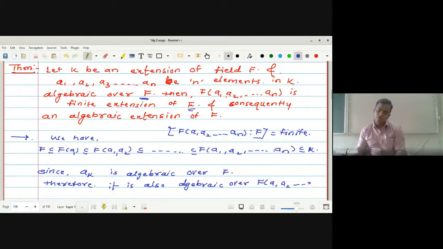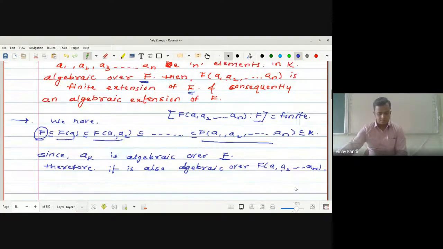Because F is contained in F of A1, and F of A1 is contained in F of A1, A2. If it is algebraic over this, then it is automatically algebraic over that. Why? Because F is a subfield of F of A1, A2 up to so on An. So since AK is algebraic over F, it is also algebraic over F of A1, A2 up to so on AN. Wait a minute, AN, it is AK minus 1.